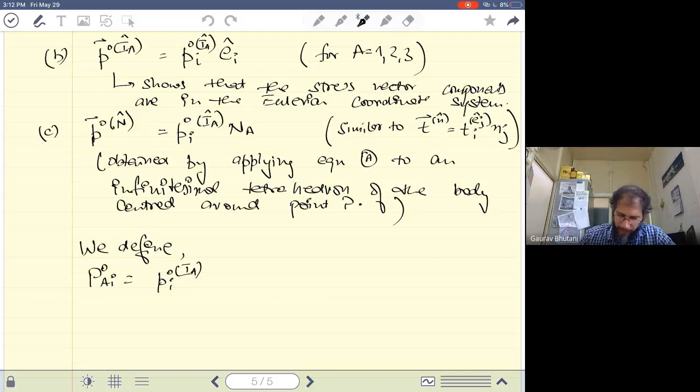And this is called the Piola-Kirchhoff stress tensor. In fact, we call it the first Piola-Kirchhoff stress tensor.